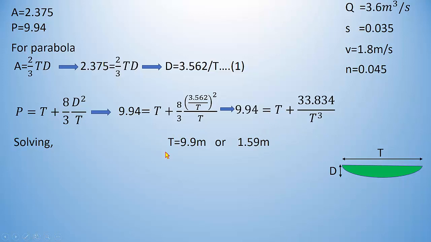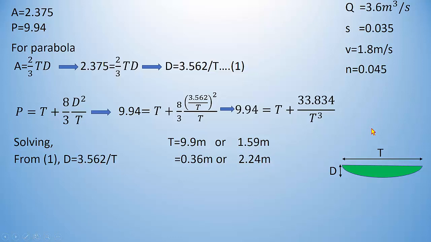So we got 2 values for t, and from equation number 1, d equals 3.562 divided by t. Whenever t equals 9.9 meter, the depth will be 0.36 meter. And whenever we put t equals 1.59 in this equation, the depth equals 2.24 meter.